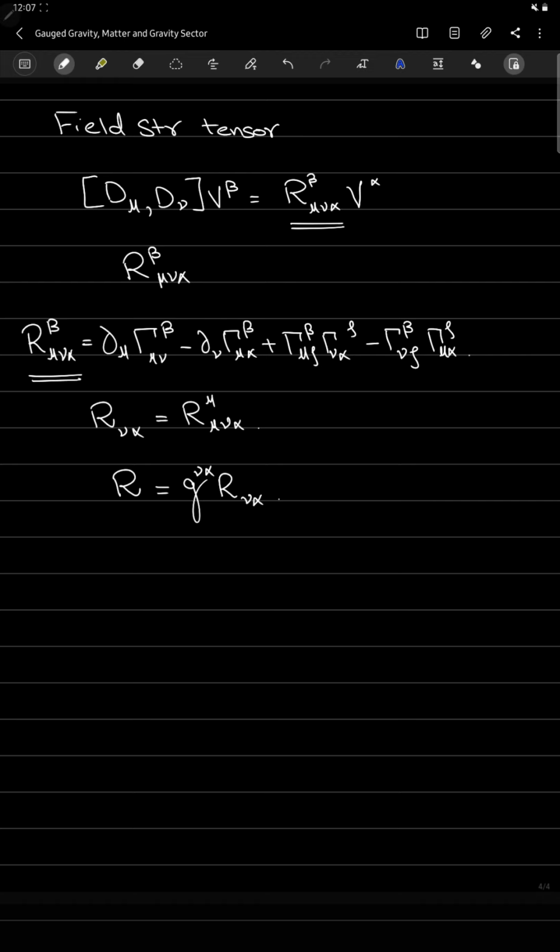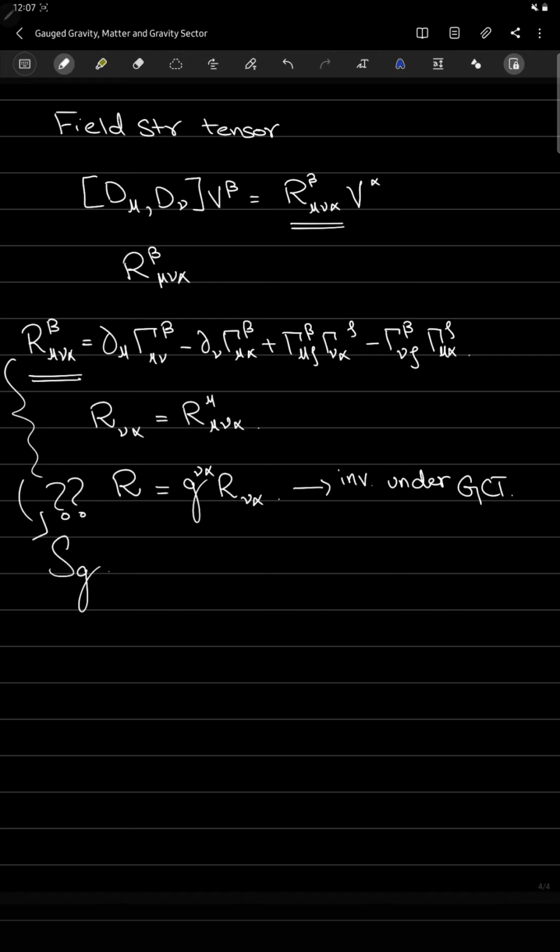So you would sum over all the indices and you will get a quantity that's called R, and this R is actually your scalar curvature, if you know from general relativity. And this expression is in fact invariant under general coordinate transformations, GCT. Now a question arises: which of these R's should I throw in my action for gravity, right?